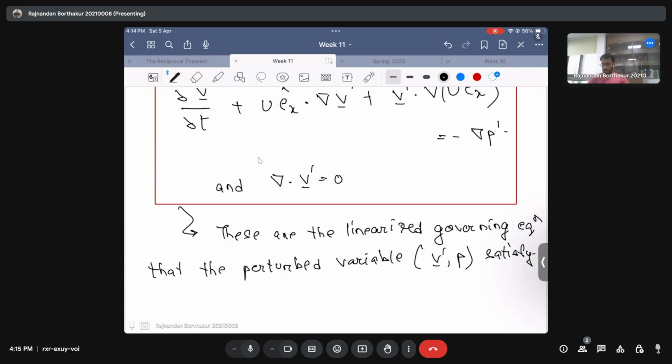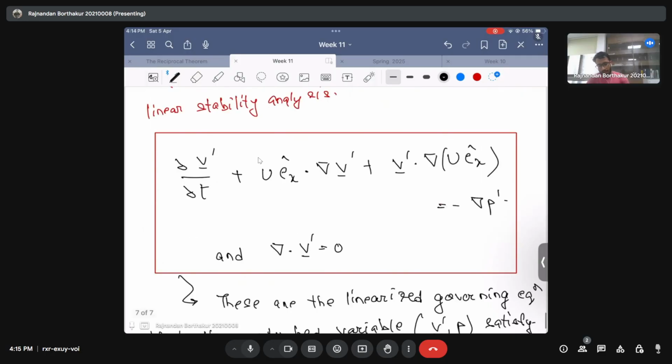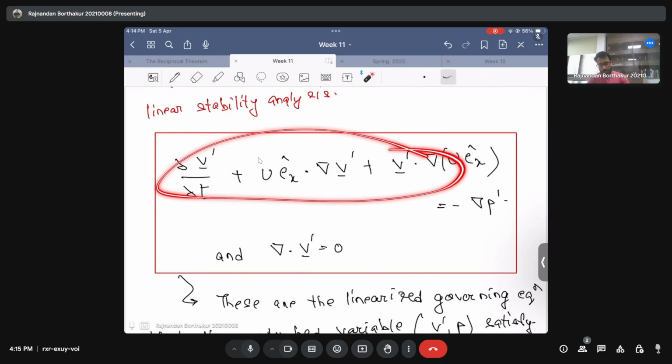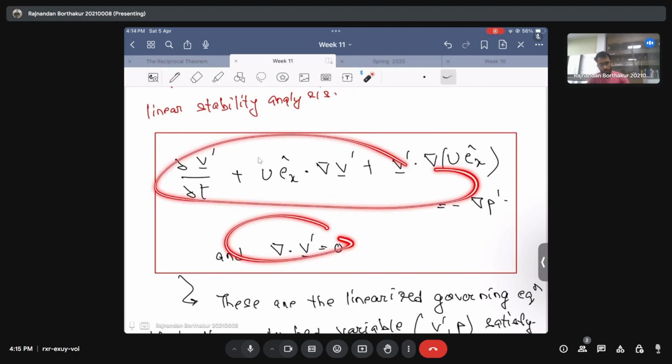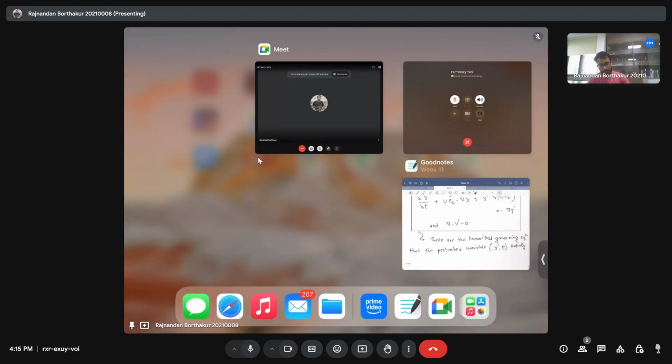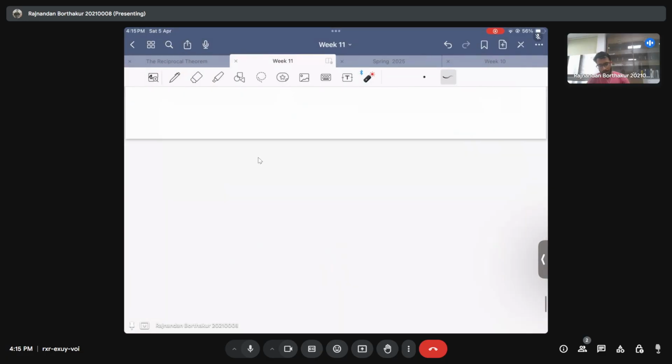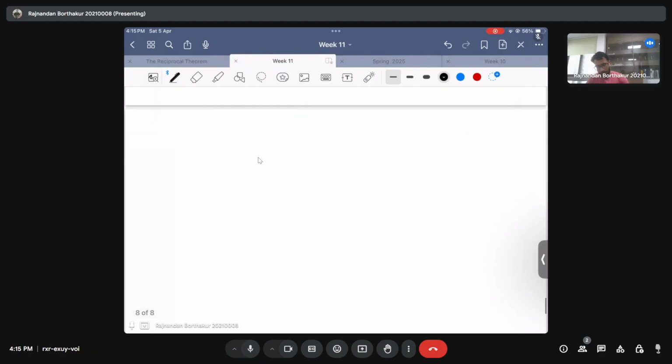Okay, so this is a vector equation, and you can also write this equation in component form. You can verify this from your end.